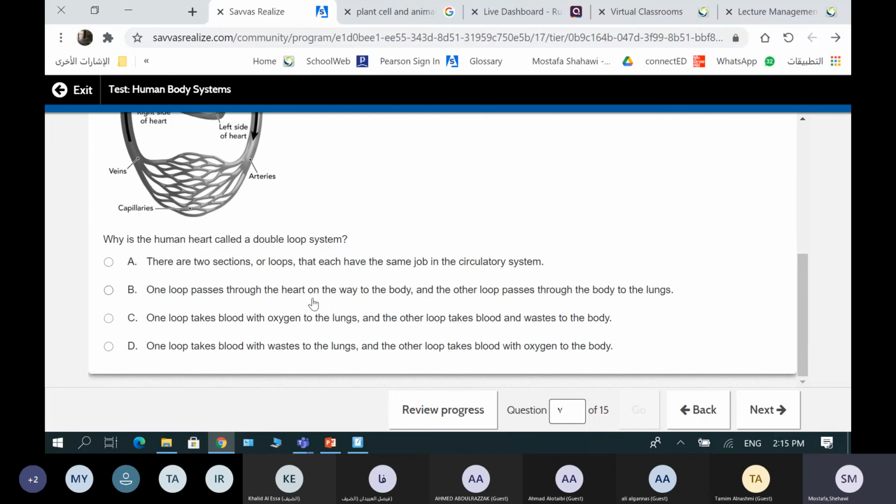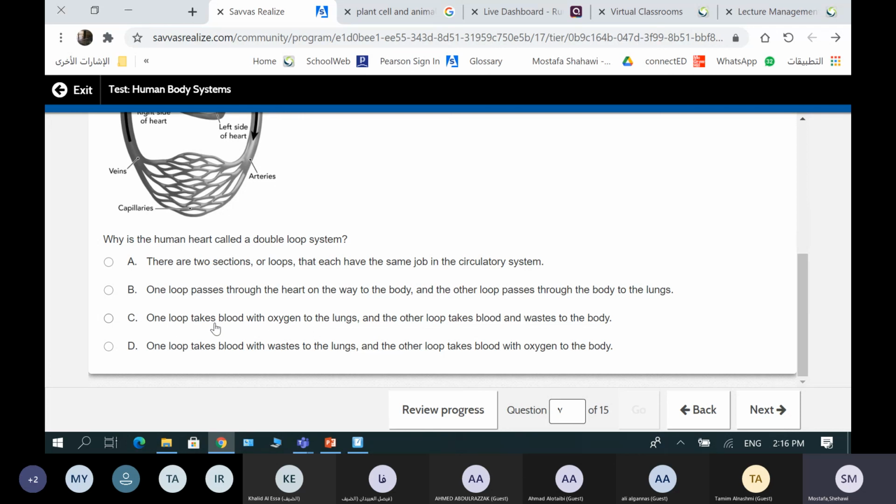One loop passes through the heart on the way to the body, and the other loop passes through the body to the lungs. No, there is no body to lungs; it's heart to lungs. We can exclude number two. One loop takes blood with oxygen to the lungs? No, it's blood with carbon dioxide.